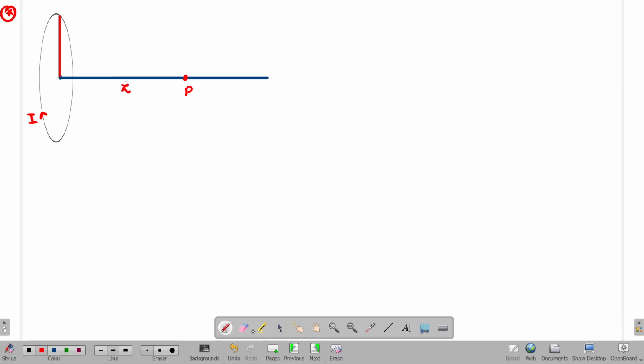If the radius of the circular coil is given as r, then find the magnetic field at point P. Think.